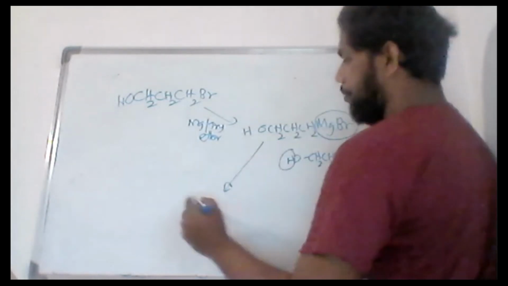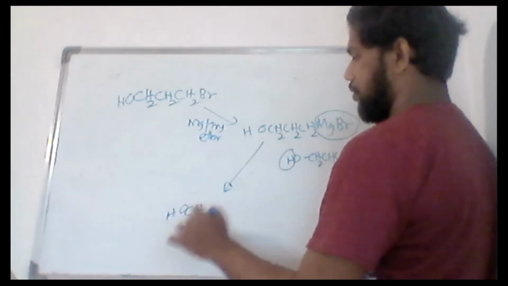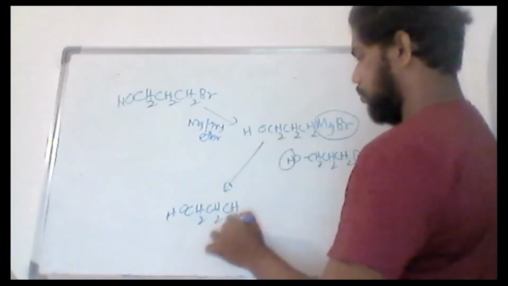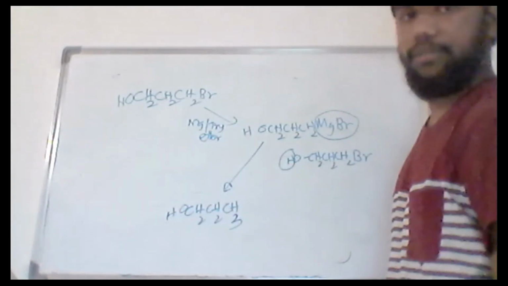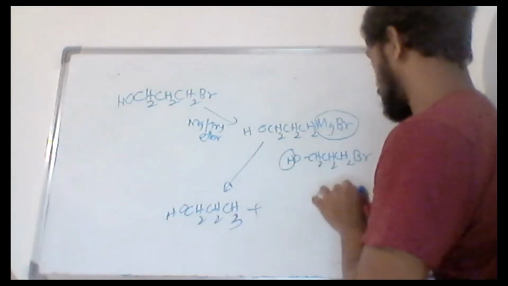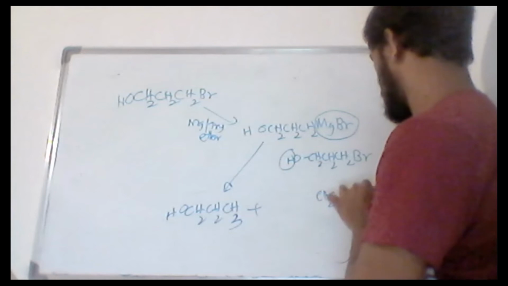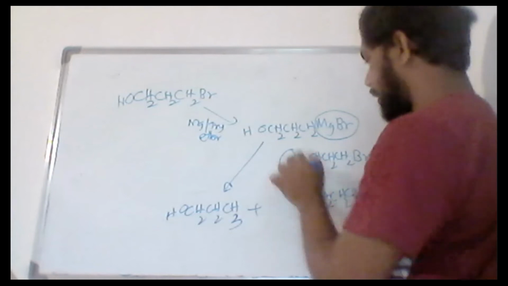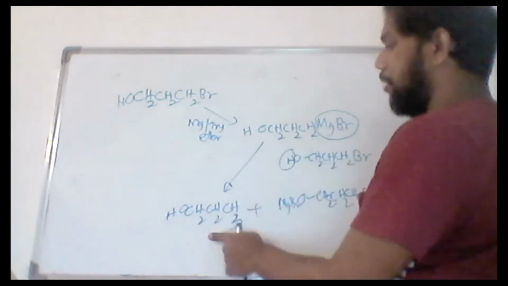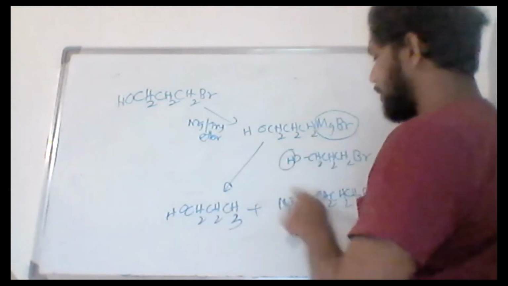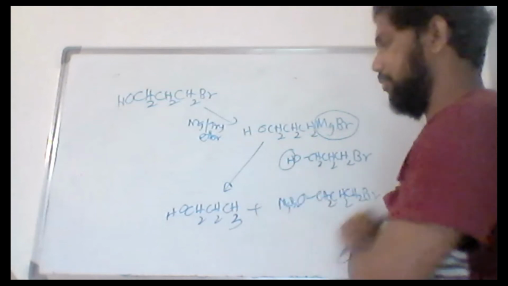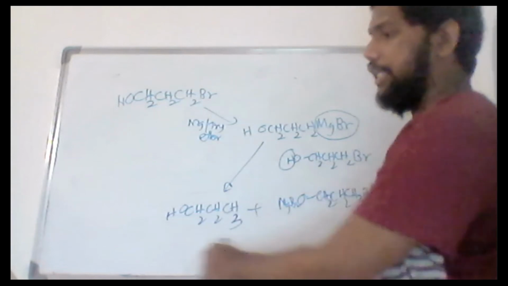So what it can form is OH, CH2, CH2, CH2, this compound, an alcohol, plus CH2, CH2, CH2Br, and here there will be OMgBr. So this hydrogen is given to this compound to form this, and this MgBr is replaced by this. Now this is not a Grignard reagent, and this is an alcohol that is formed.